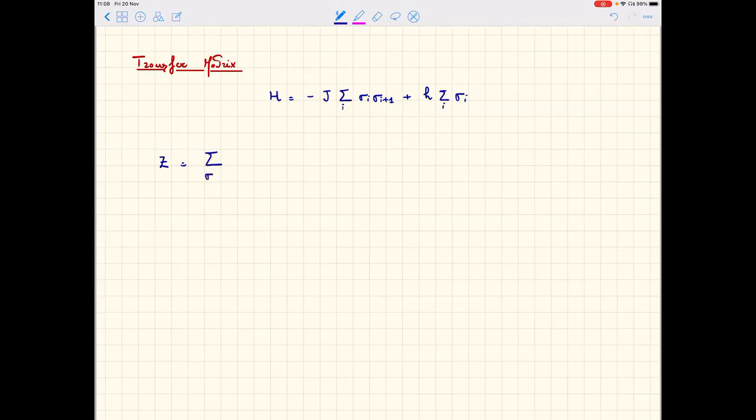Why? Let's see, suppose that we try to apply the recursion method as we have done before.